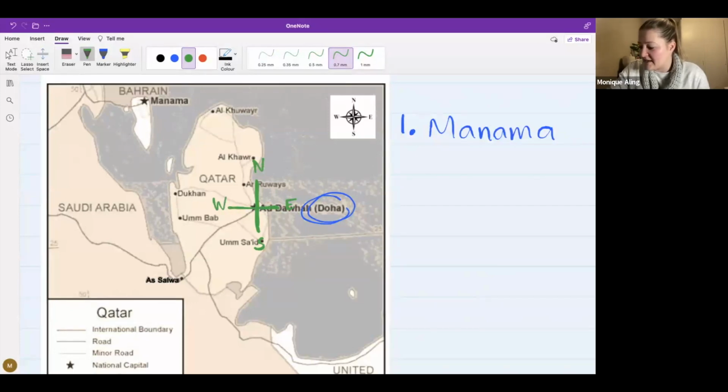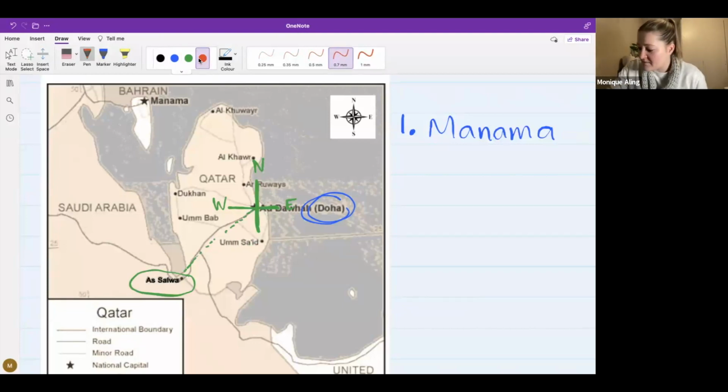Now, a lot of you said this little town over here, but that is directly south. If you look at the point of it, it is over here. So if we look southwest, it is actually, I think it's Salwa. Well, it's not exactly straight. Okay, but just to reiterate, I'm just going to show you over here.